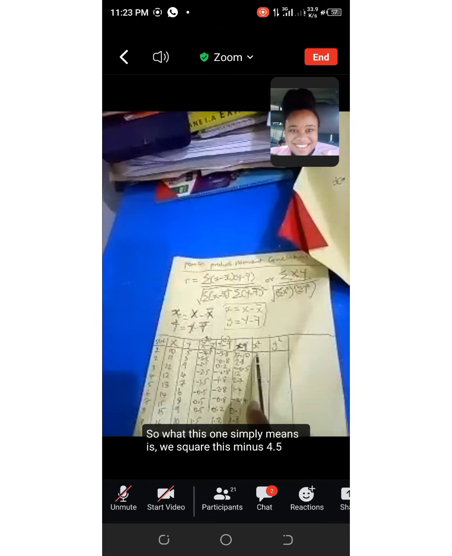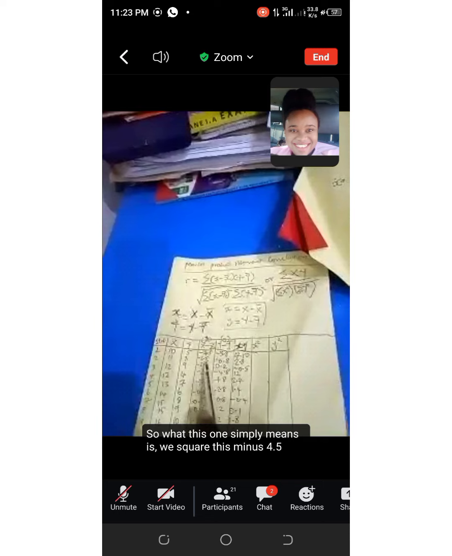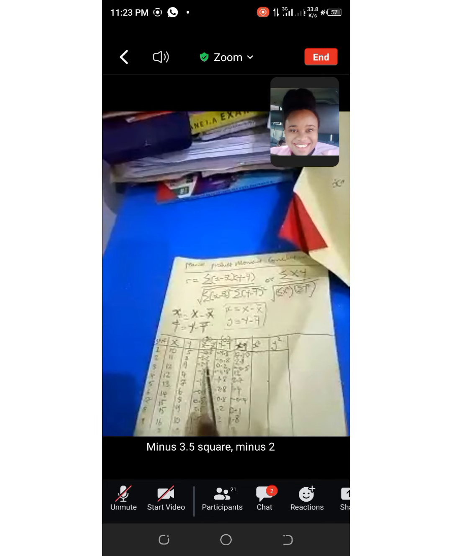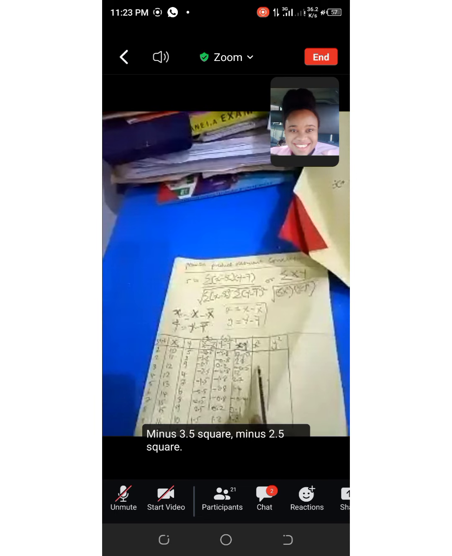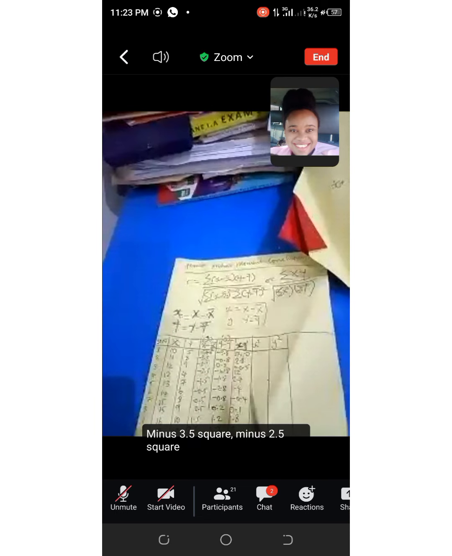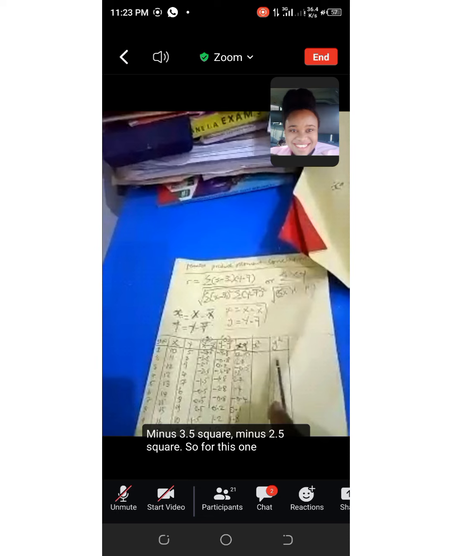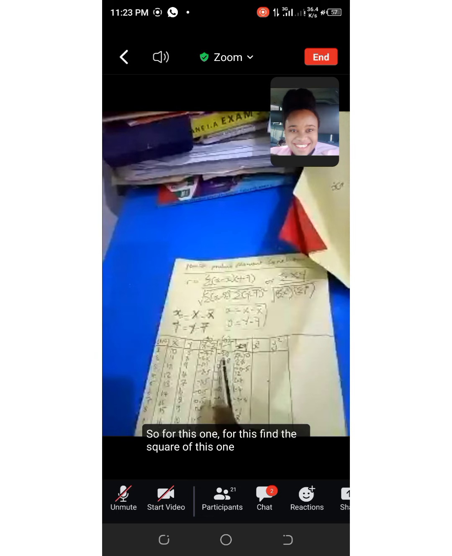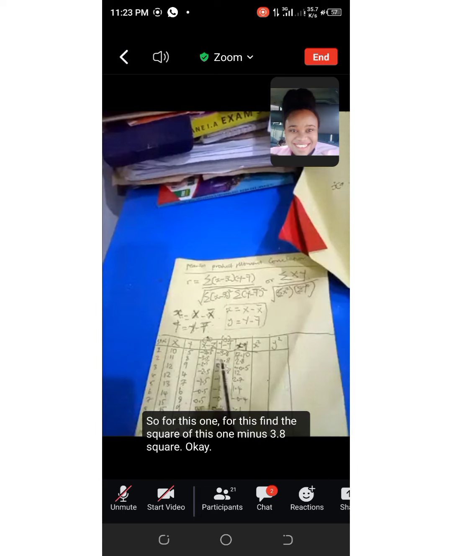Minus 3.5 square, put the answer here. Minus 2.5 square, put the answer here, and so on and so forth. Then for the second row, we find the square of these: minus 3.8 square, put it here. Minus 0.8 square, we put it here, and so on and so forth.